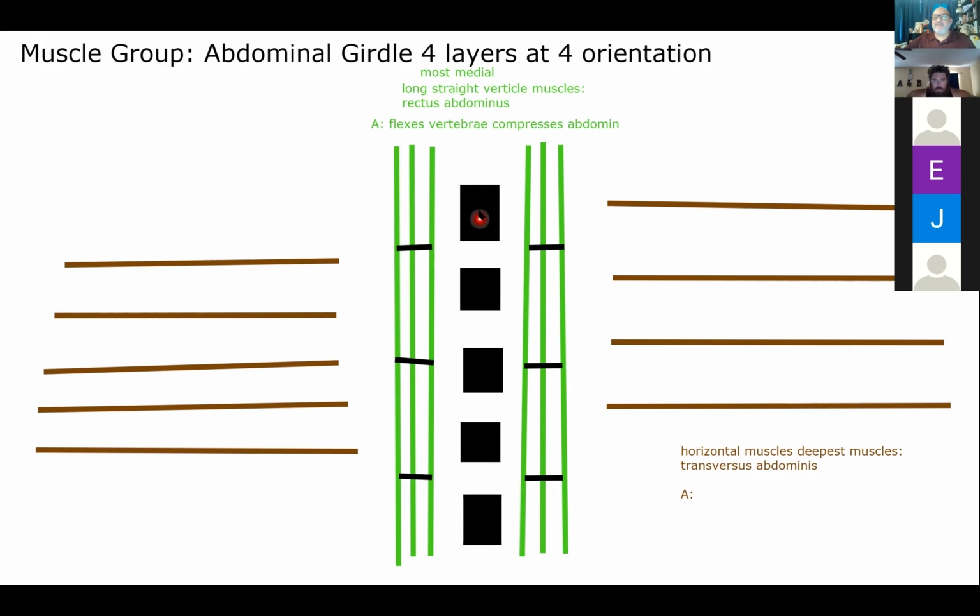Notice it doesn't have a way to really interact between vertebrae. Essentially, it forms a circular muscle, and when a circular muscle contracts, it gets smaller. So there's only one action for the transversus abdominis, and that's to compress the abdomen.